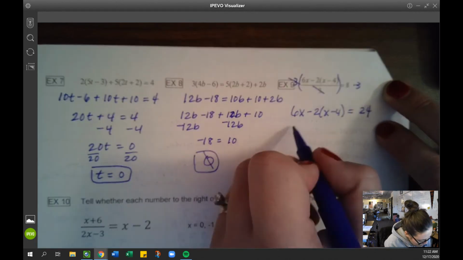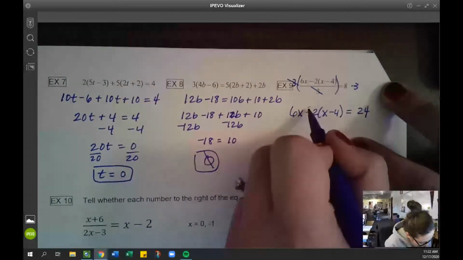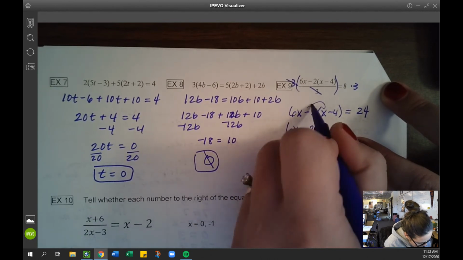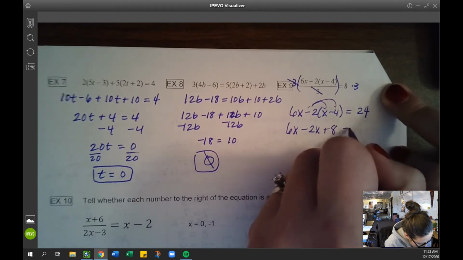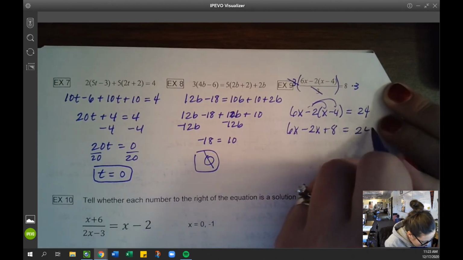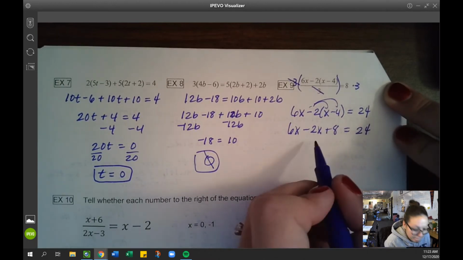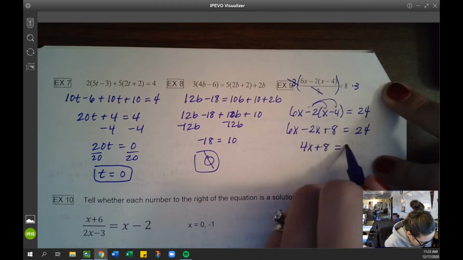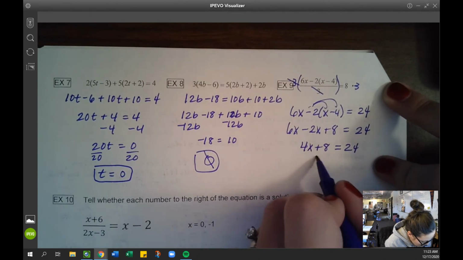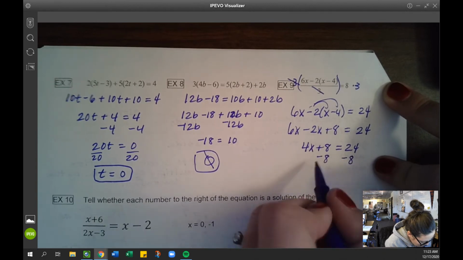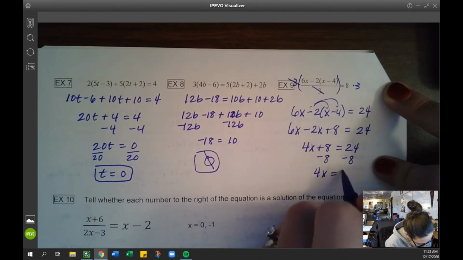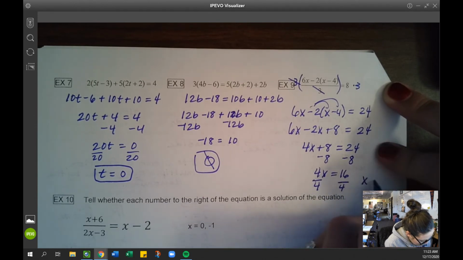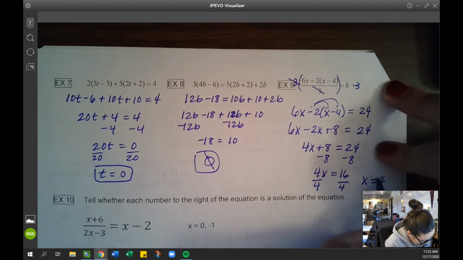And then you can solve it just like normal. So I'm going to distribute negative 2x. That gives me 4x plus 8 equals 24. Subtract 8 from both sides. Divide by 4. We get x equals 4.